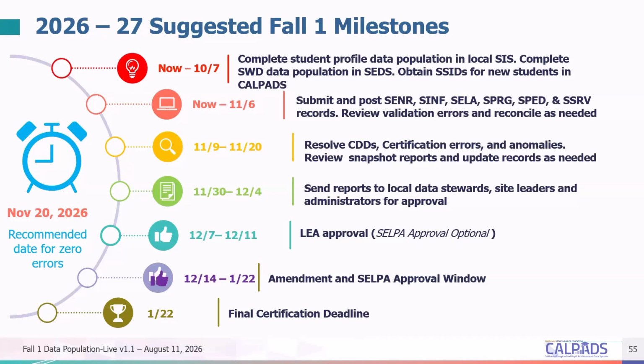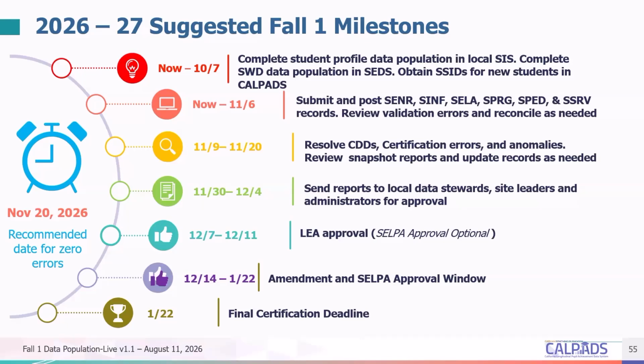Now, from the top, from now, whenever you are hearing this or watching this recording, till the first week of October, the expectation is for you to be completing the data in your SIS and your CSIS systems and submitting those records to CalPADS, obtaining new SSIDs in the fall for your newly enrolled students, identifying those students who have been enrolled before, and obtaining the SSID for your transfer students.